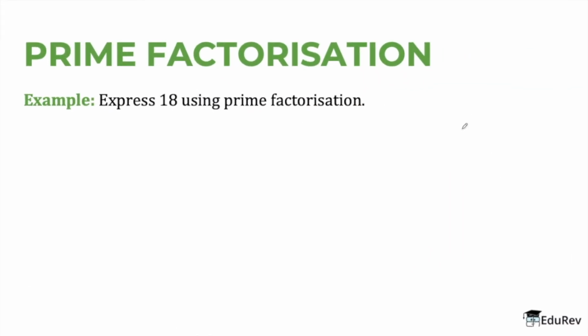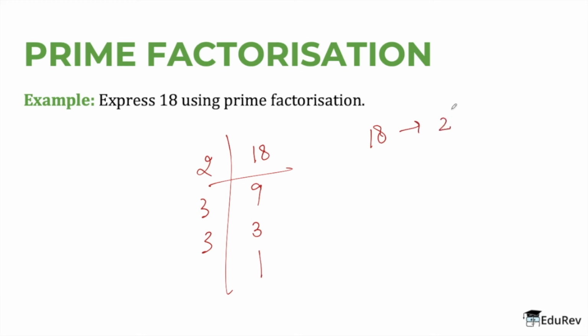The question states that I need to express 18 using prime factorization. This is such a simple problem. 18, I can write 2 9s are, 3 3s are, and 3 1s are. So 18 can be written as 2 to the power 1 into 3 to the power 2. As simple as that. Done and dusted.